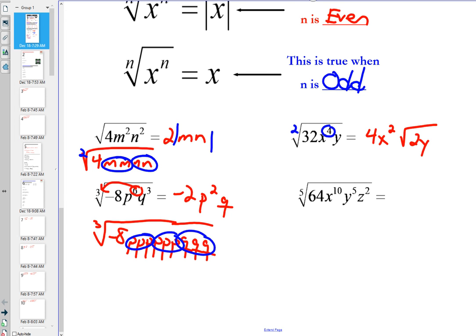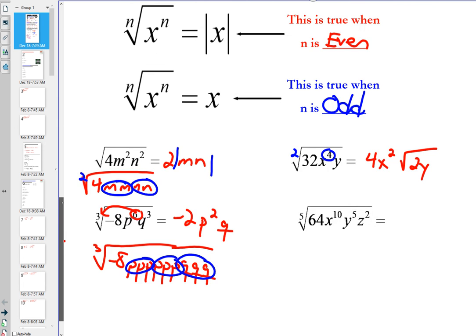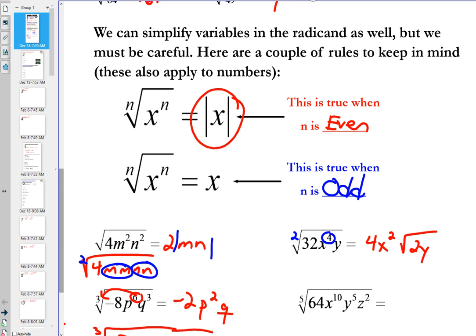Do any of those variables take an absolute value? None. Why not? Odd index. With an odd index, you don't have to worry about the rules with absolute values. Any absolute value can only potentially come with an even index.